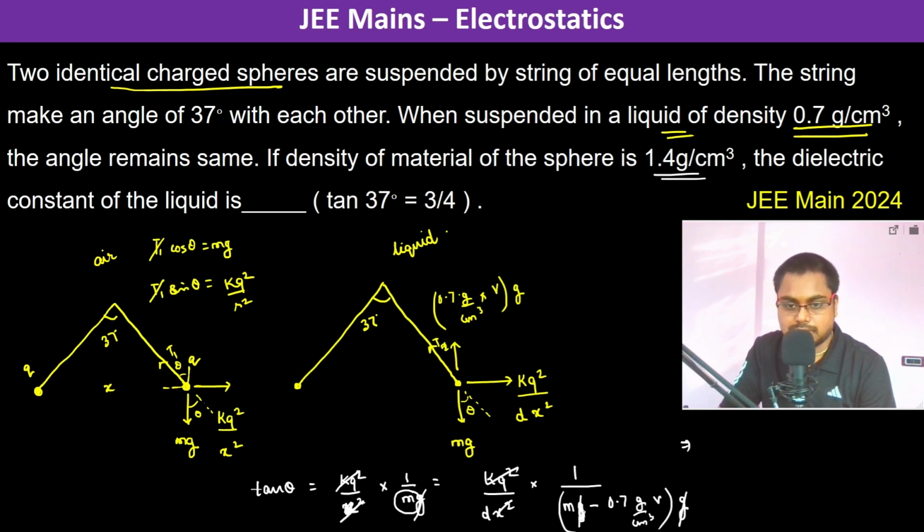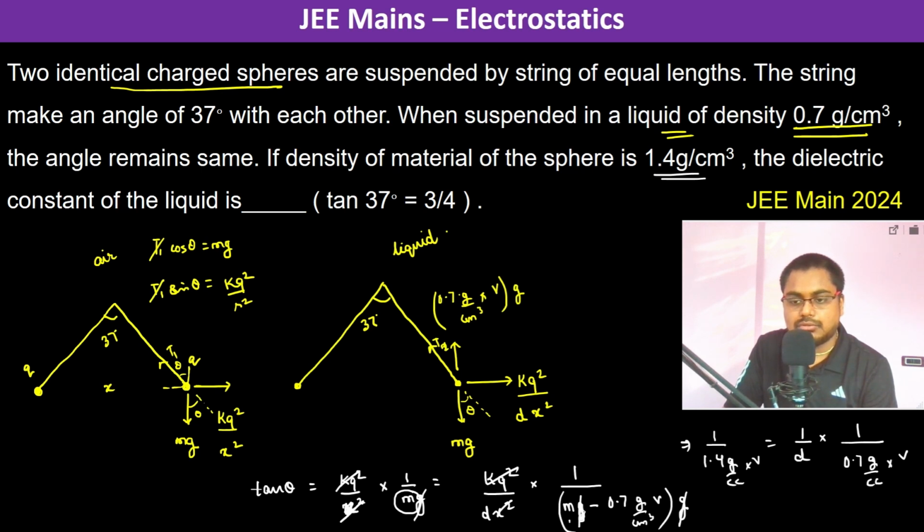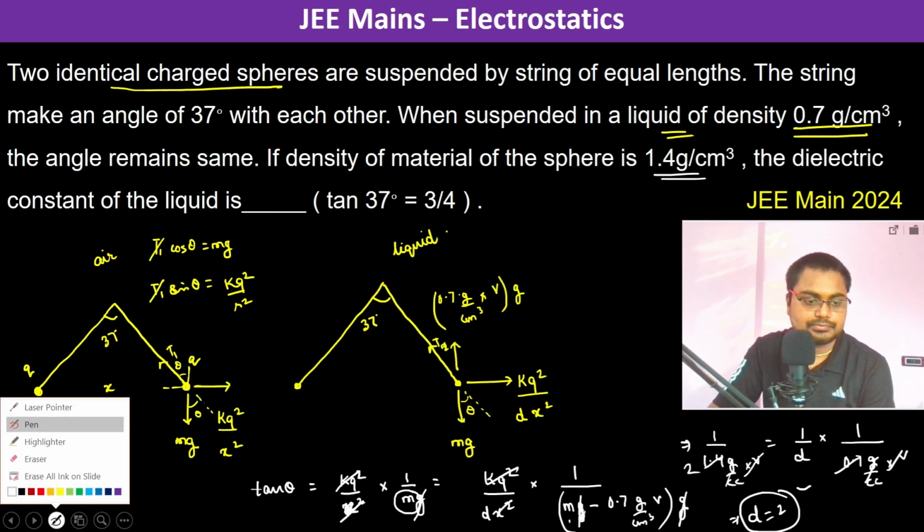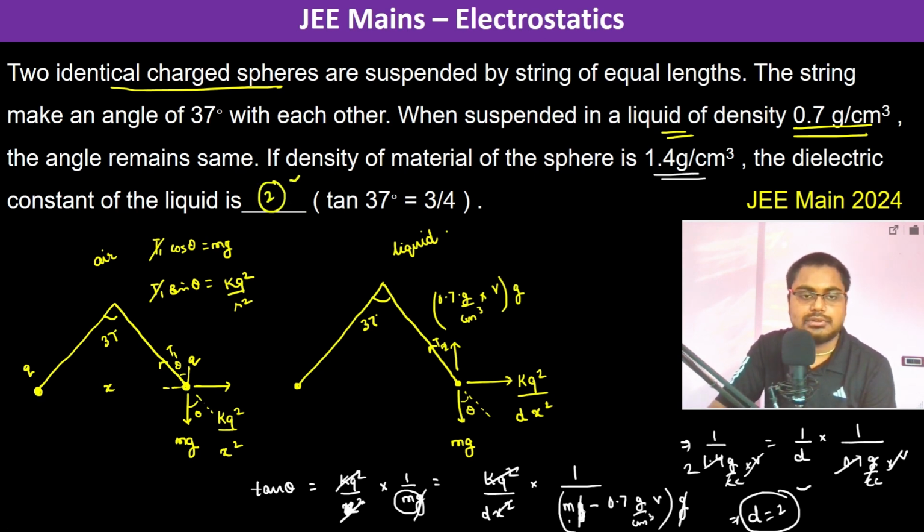So 1 by 1.4 gram per cc into volume should be equal to 1 by d into (1.4 minus 0.7), which is 0.7 gram per cc into volume. The volume cancels, so the dielectric constant becomes 2. Therefore the answer is 2. Thank you.